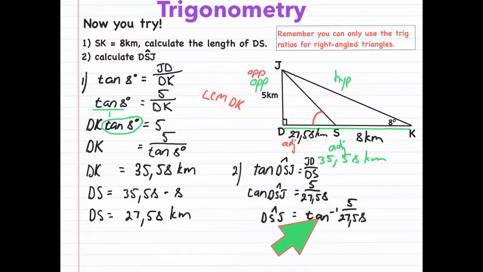Please remember, it's the second function, or the shift of the tangent, and then in brackets you just put in the 5, use your fraction button, and then type in 27,58, and don't forget to close off your bracket on your calculator, and then you will see that angle DSJ is equal to 10,28 degrees. And there we are done. So now I can fill that in there. So that will be 10,28 degrees, and we are done.